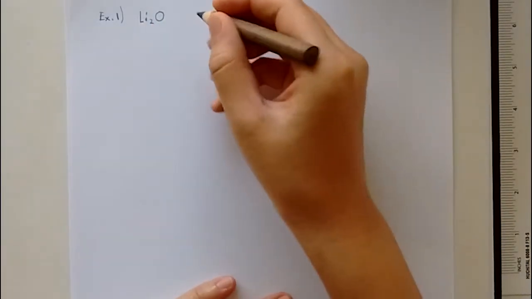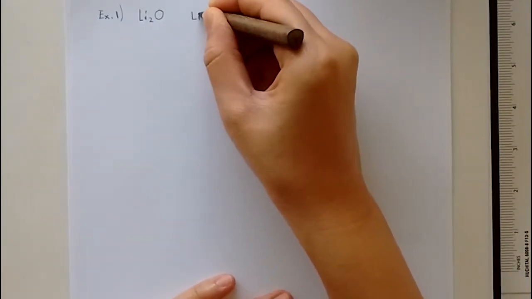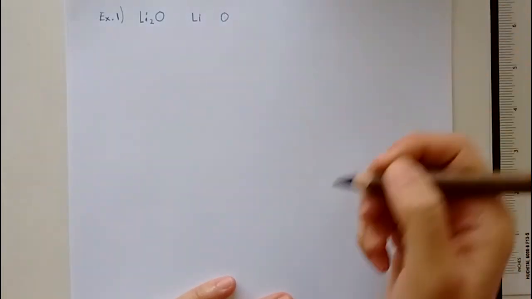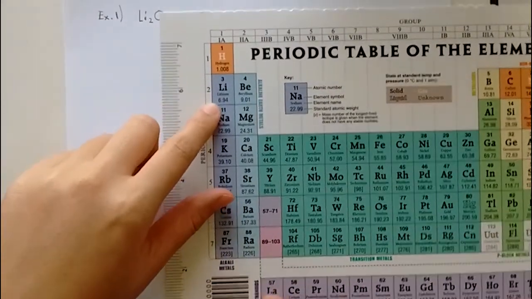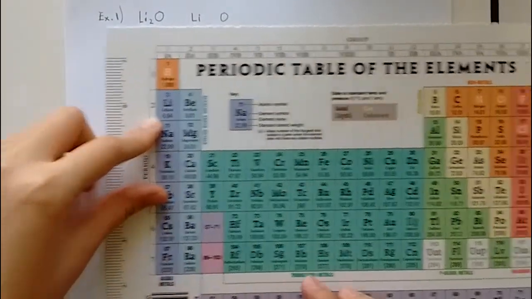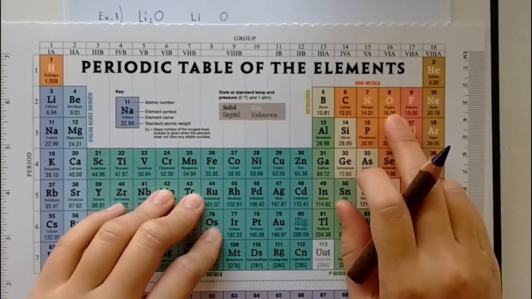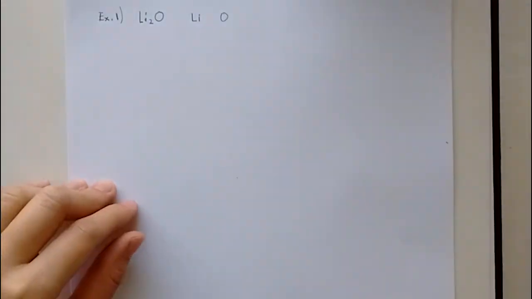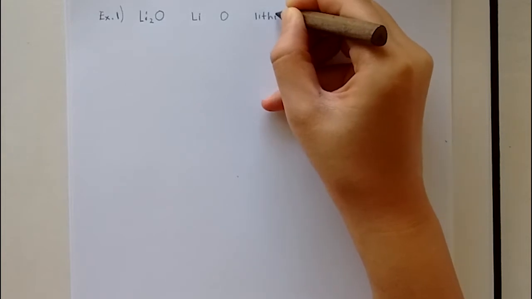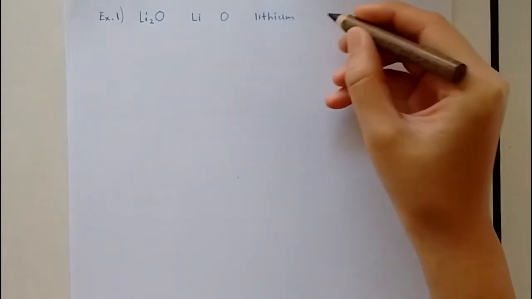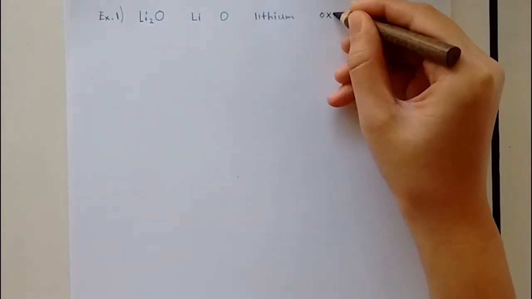As we see here, we have Li and we have O. If we look on the periodic table, you can see that we have lithium here, and O is oxygen. So we have lithium and oxygen.